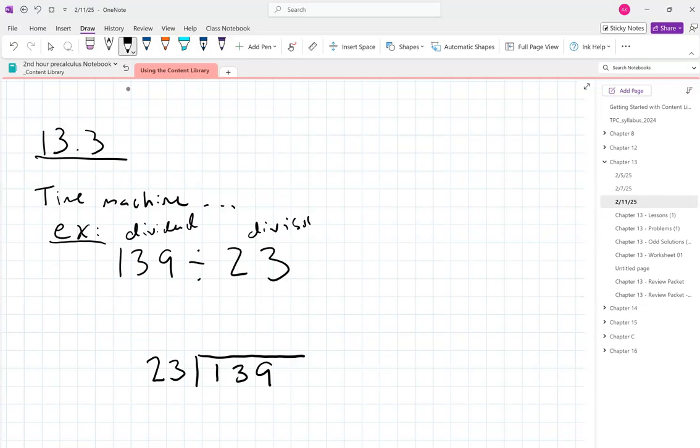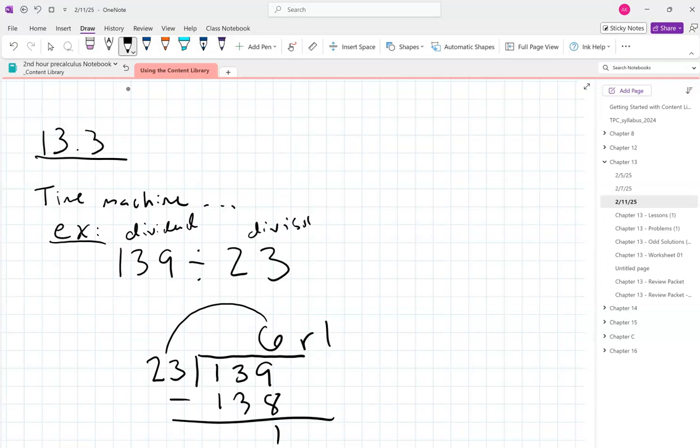looks like 6. So if I multiply the 6 times 23, I get 138. So I write that underneath, I subtract down, and that number at the end is my remainder, right?